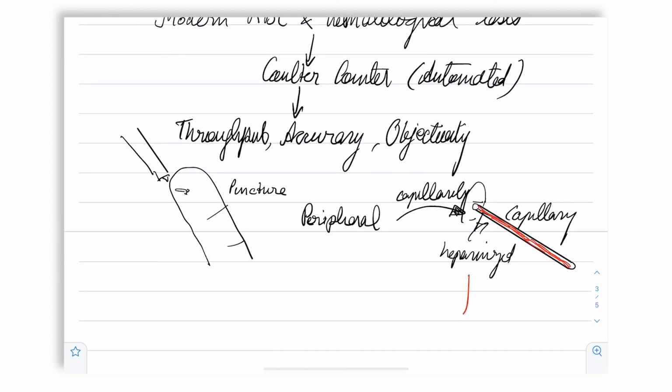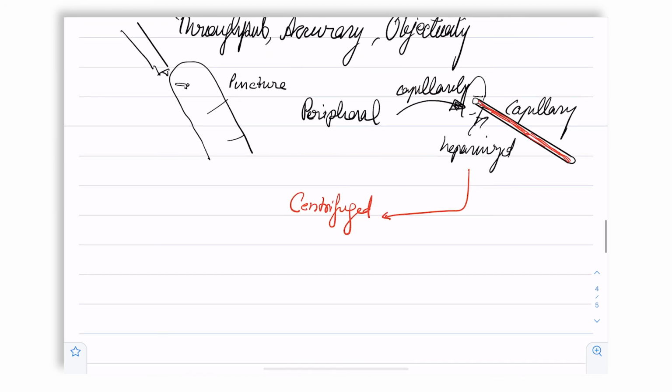Then this material is centrifuged and the packed volume and plasma can then be observed with the buffy coat in the middle.